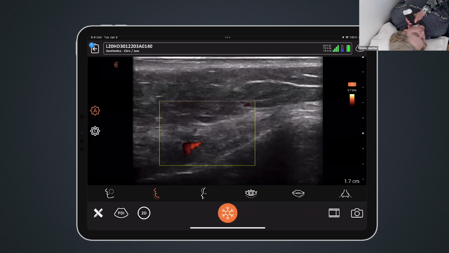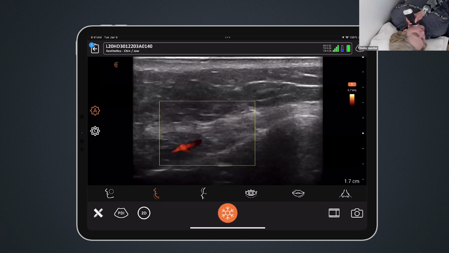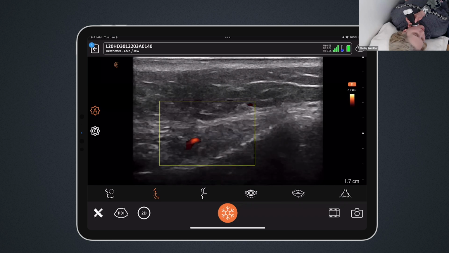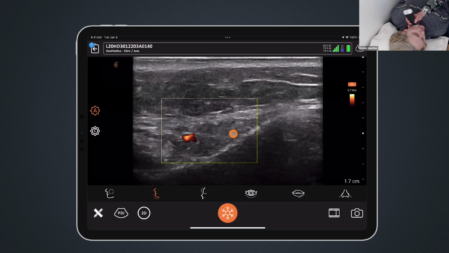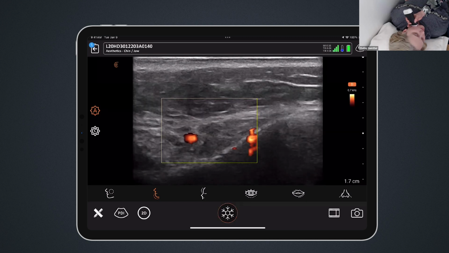The vein is always going to be posterior to the artery. And you can also compress with the probe to tell if it's the artery or the vein. I think that's the artery because I'm pushing a little bit there. Yeah, so that's the artery. The vein is probably being compressed. It's easily compressible.